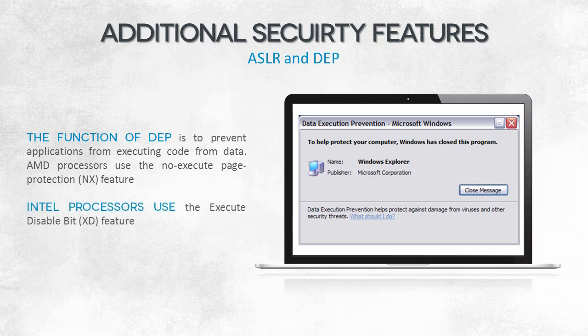In the case of companies AMD and Intel, these solutions are called differently, but their task is the same. The point is that in contemporary PC architecture, there is no dedicated storage area for data or a memory area for code. There is one RAM, virtual address space memory. What's in it depends on the program which allocated it.